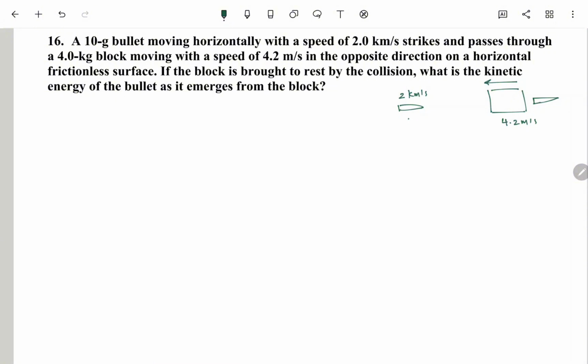Now, assuming that this is system 1 and this is 2, momentum is conserved, which means m1 v1 initial plus m2 v2 initial equal to m1 v1 final plus m2 v2 final.